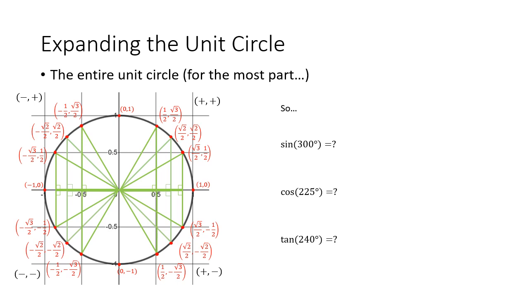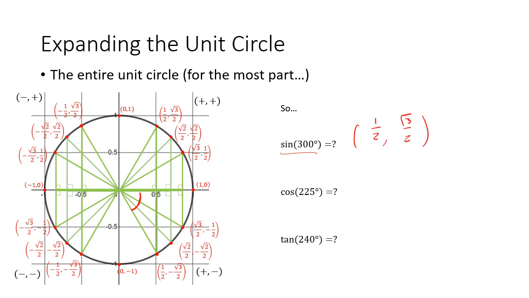And so the power of this now is that if I wanted to know the sine of 300 degrees, I would recognize 300 degrees as a 60-degree reference angle in quadrant 4, and I know that 60-degree reference angles have coordinates of 1/2 comma root 3 over 2.